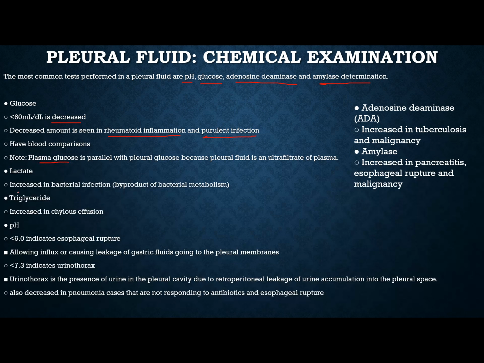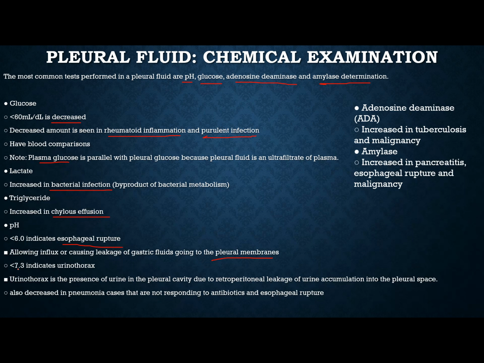Then lactate class, increase in bacterial infection. Triglyceride naman class, seen increase in chylous effusion. Then we have your pH. So less than 6, acidic yan class, indicates esophageal rupture. Esophageal rupture class would allow influx or cause leakage of gastric fluid going to the pleural membrane.